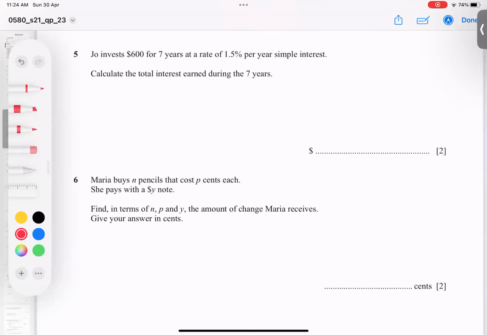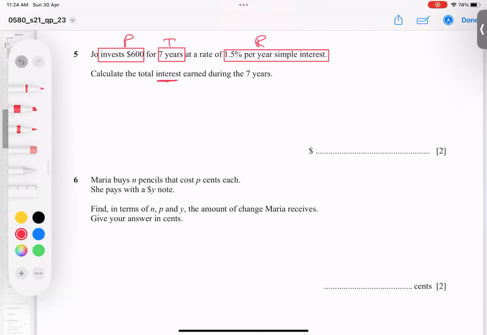And Joe invests this much money. So investment is always called P, or principal is P. For 7 years, this is called T. And the rate of 1.5% simple interest he mentioned is called R. And we have to find the total interest.